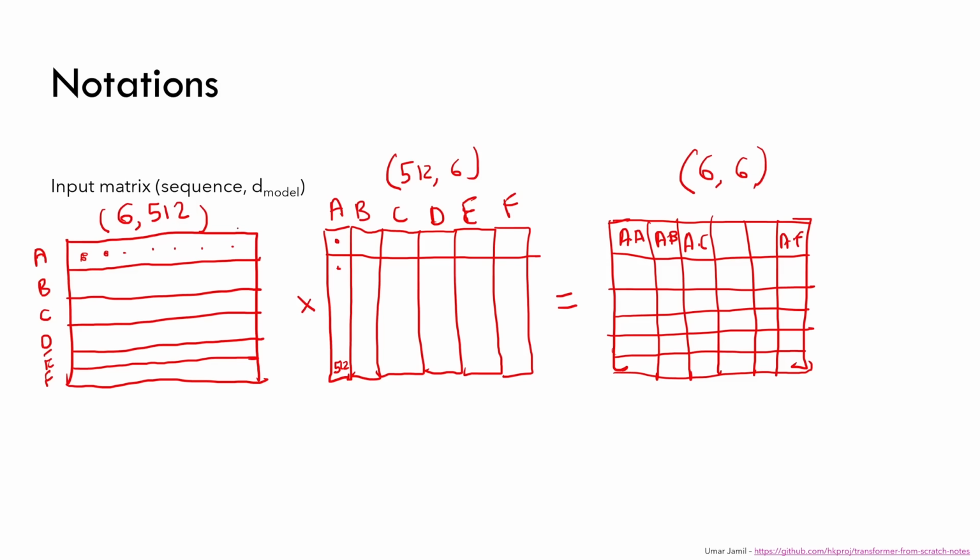And then you add all these numbers together. So it will be, let's say, this number multiplied by this, plus this number multiplied by this, plus this number multiplied by this, plus this number multiplied by this, plus. You sum all these numbers together, and this is the A dot product A. So we should be familiar with this notation because I will be using it a lot in the next slides.